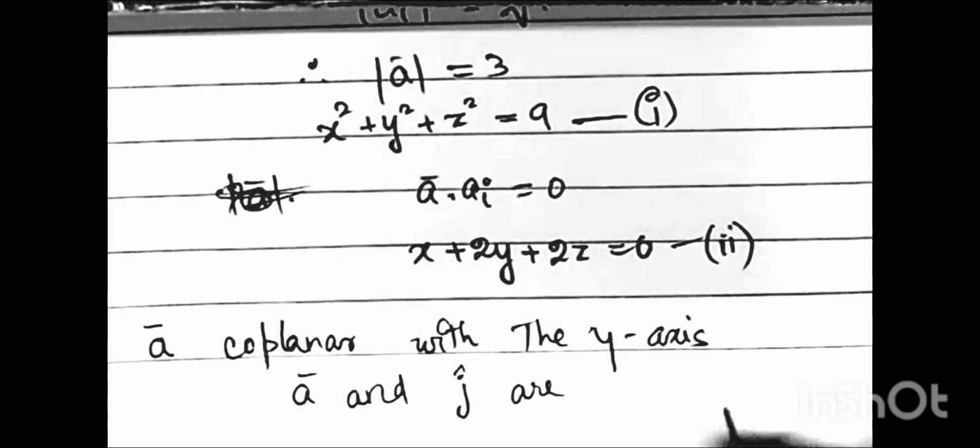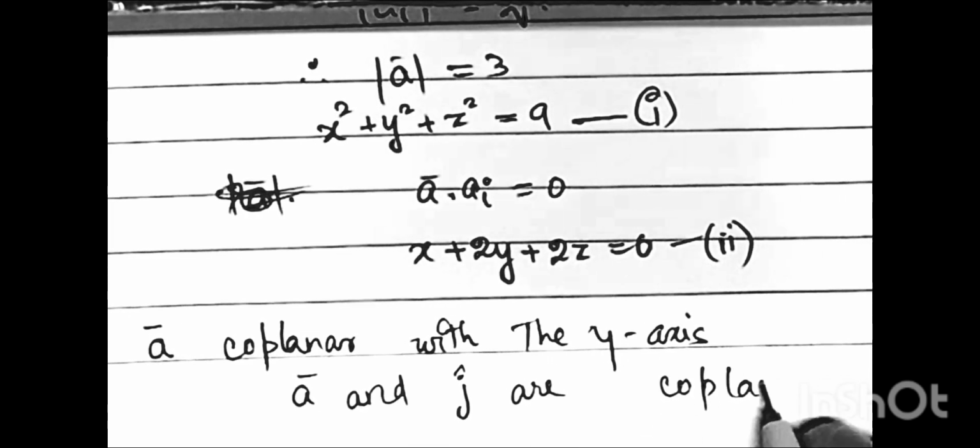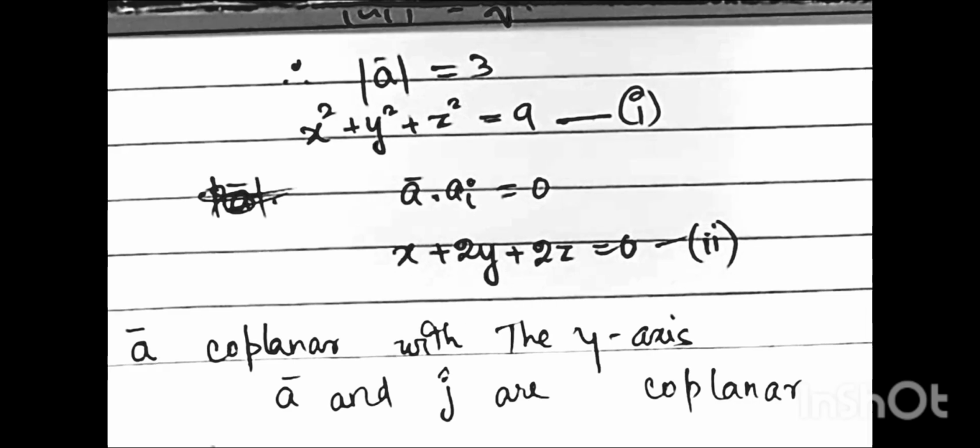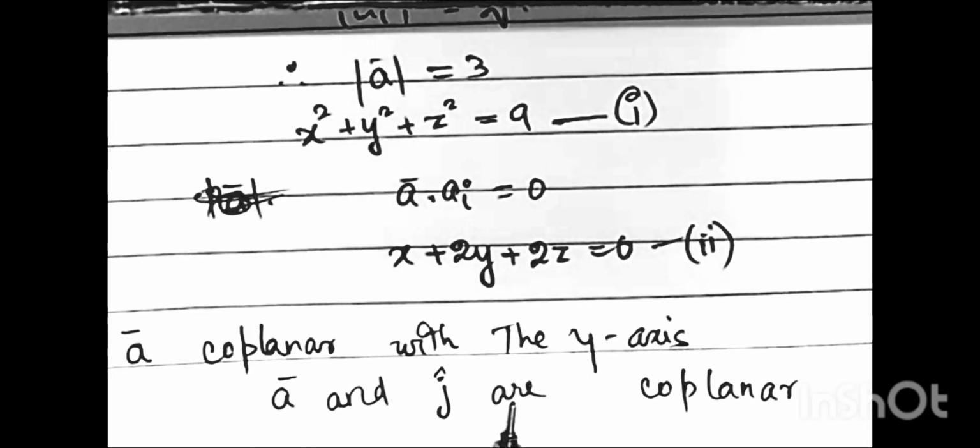So these two vectors are coplanar, so the determinant of the vectors will be 0. So we will get a third equation. Using the determinant, our vectors are j cap, which I took initially, our vector xyz, and our initial vector 1 2 2, and the determinant yields 0.